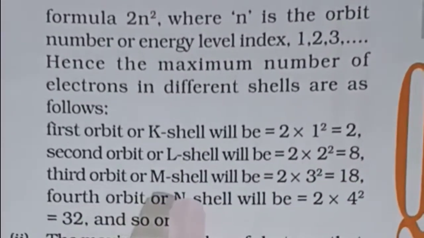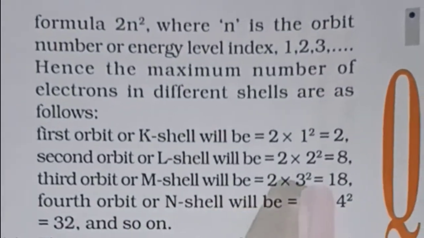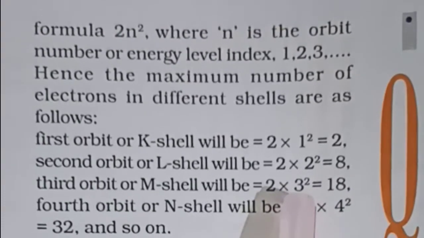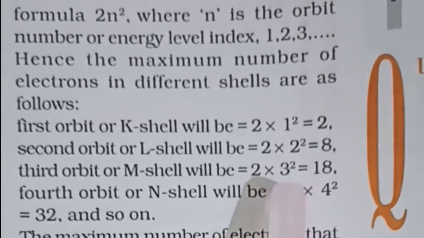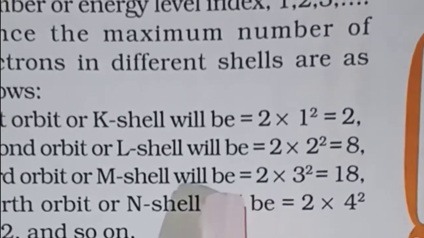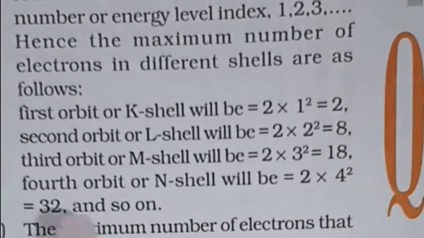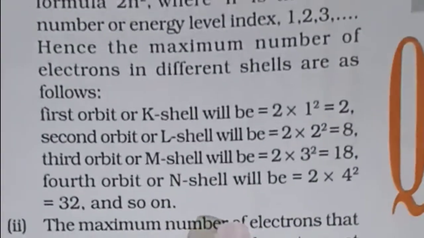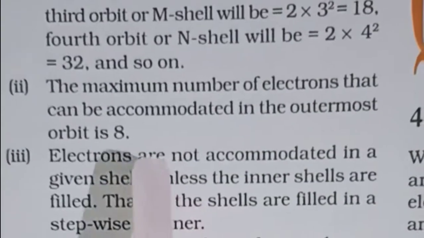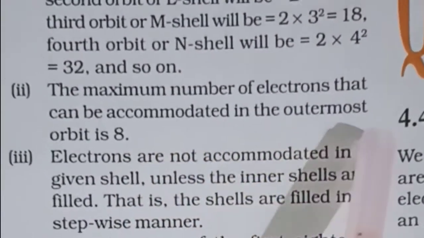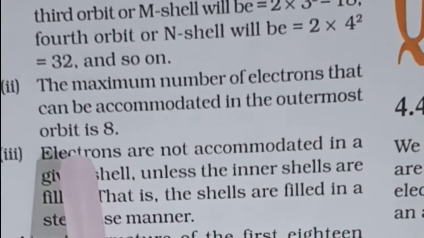Third orbit or M shell will be 2n squared, n value 3, 3 squared is 9, 9 times 2 is 18. Similarly, you can get the fourth and so on. The maximum number of electrons that can be accommodated in the outermost orbit is 8.